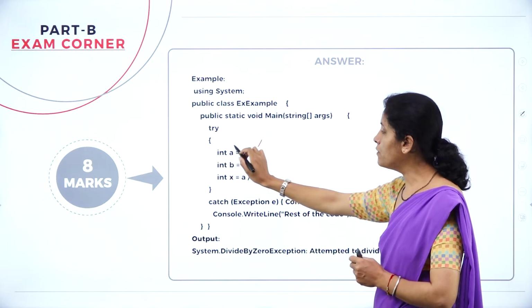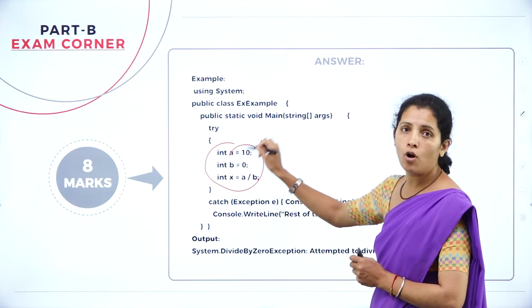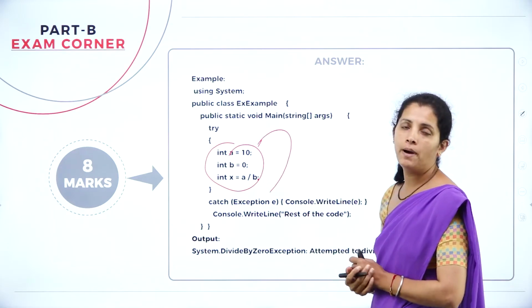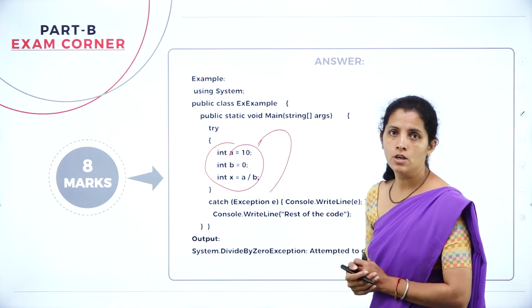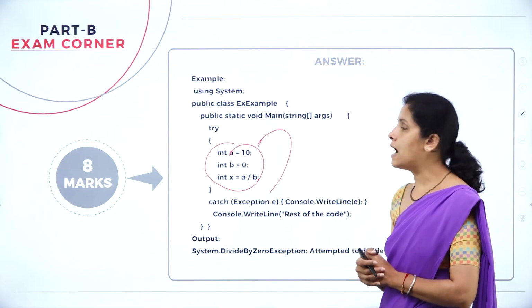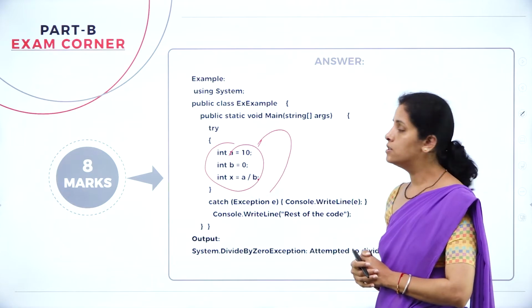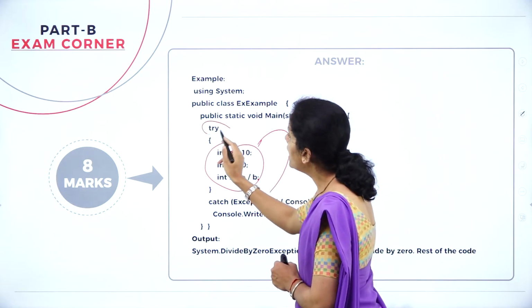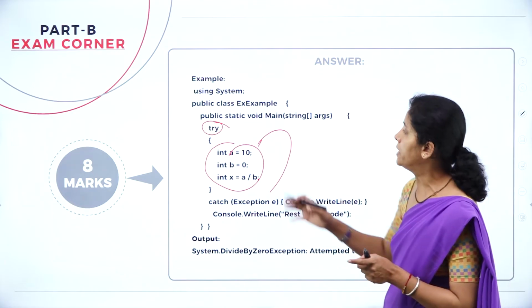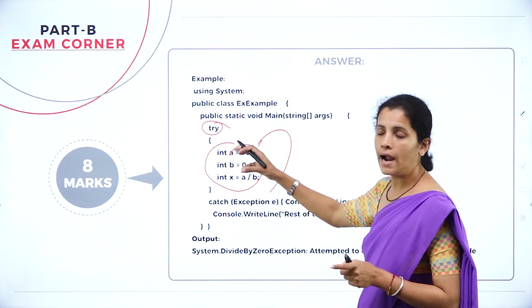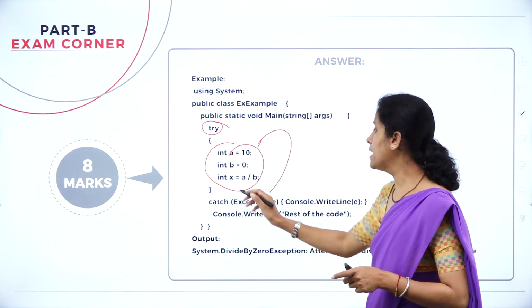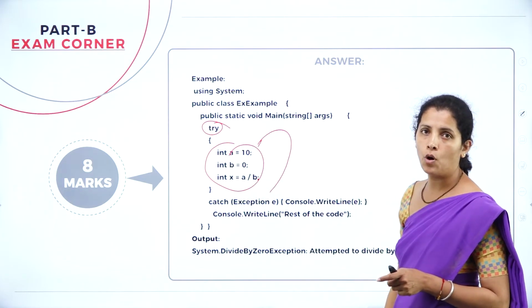During the execution of this block, if it generates any error, that must be caught by the catch block. So whatever code I want to execute should be written inside the try block, and if that code generates any error, that can be handled by the catch block.